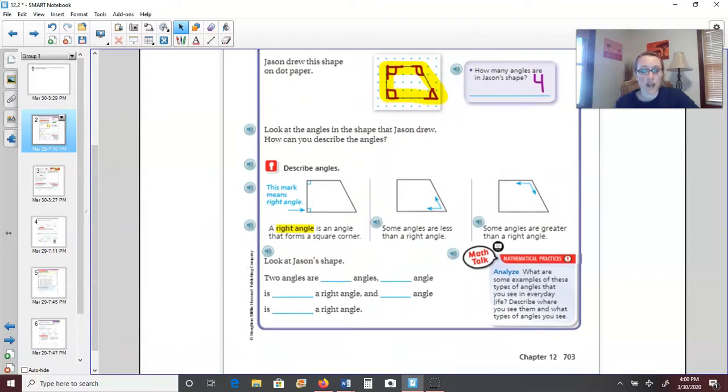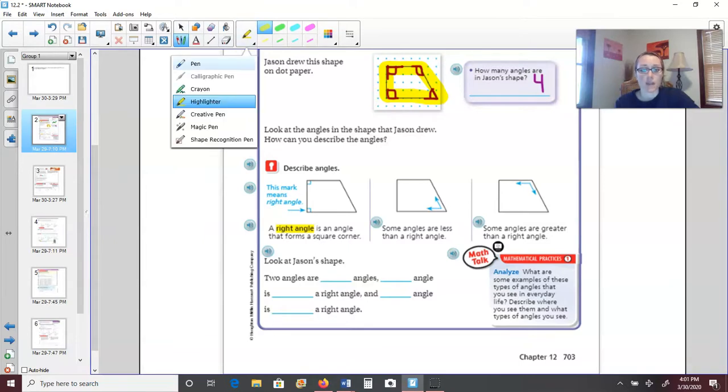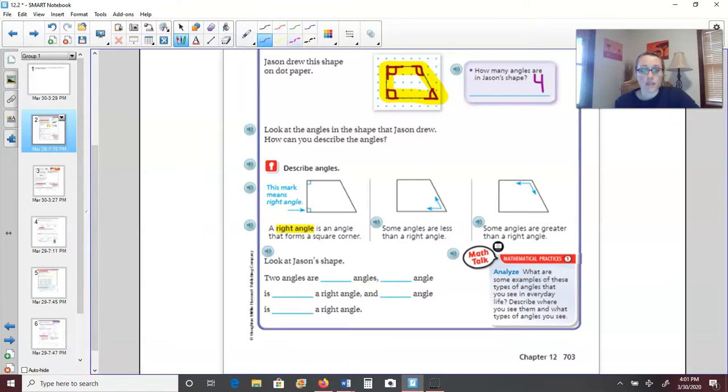All right, so let's look at the angles in the shape that Jason drew below. How can you describe the angles? Here's where we're going to start to learn some math terms to describe the angles. So if we look at the first shape that Jason drew, it has 4 sides to it. And for these angles, this top corner and the bottom corner, you can see how there was a little square drawn.